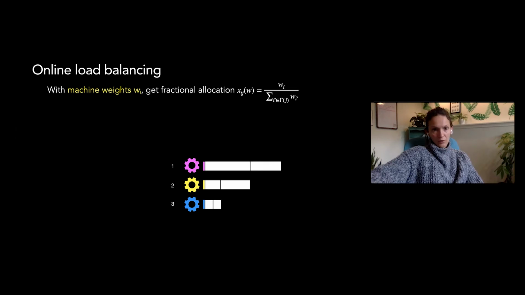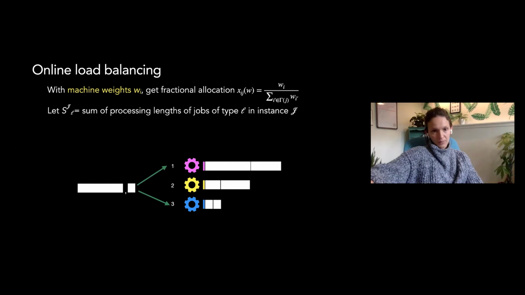All right, so recall our online load balancing problem where we have these machine weights, W, which can give you a fractional allocation between jobs and machines. Let's introduce a little bit of notation here to talk about instance robustness in this problem.